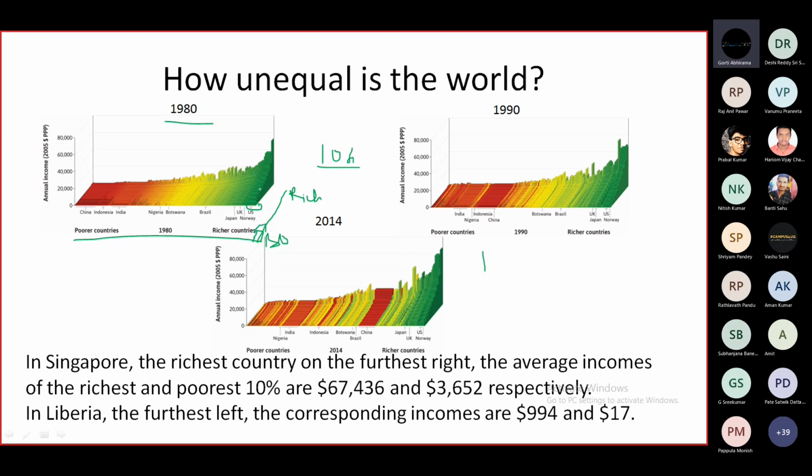That is why you can see there are steps. The average income of the 10% groups has been increasing.